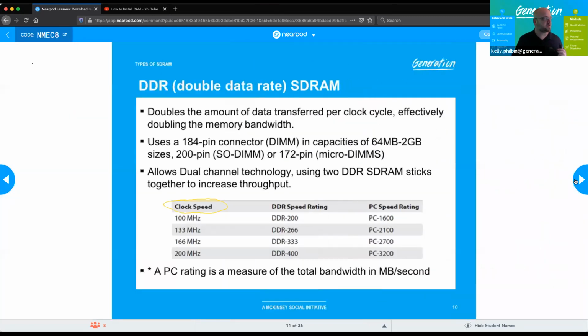And that is for generation 1 SDRAM. Jackie, you have your hand up? Yes. I was looking at the other ones, and of course the math is not coming out exactly right, but are they applying the math rule as well?